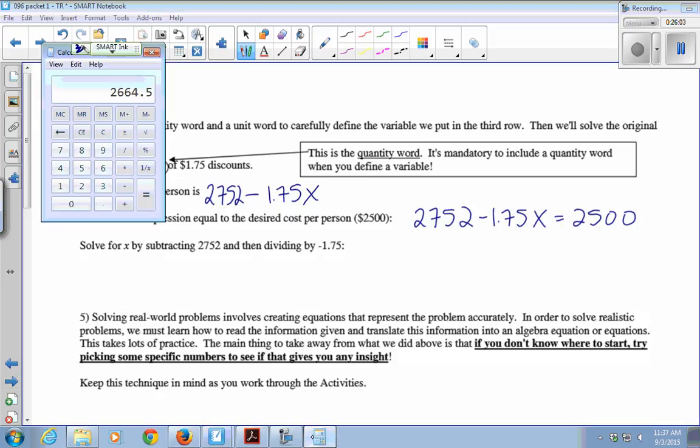All right, so 2,500 minus 2,752 is negative 252, and then I'm going to divide by negative 1.75, and I get 144. I didn't show all the work. I'm sorry, I'm trying to rush a little bit. X is going to be 144. So you need a group of 144 people to go on this cruise together in order to get a price of $2,500 per person.